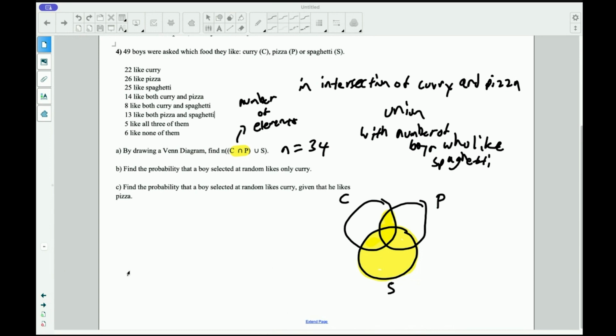We end up getting 5 over 49, or 5 out of 49. And then the probability that a boy selected at random likes curry, given that he likes pizza, is going to be, if I take a look, what do we get for the answer? 7 over 13. Okay, so 7 over 13.